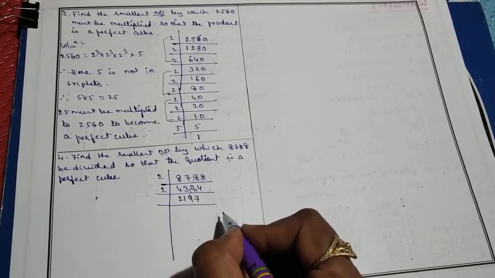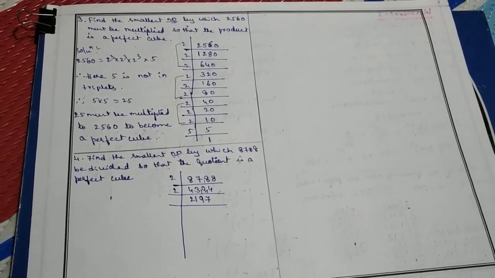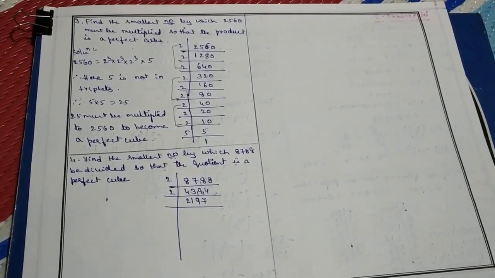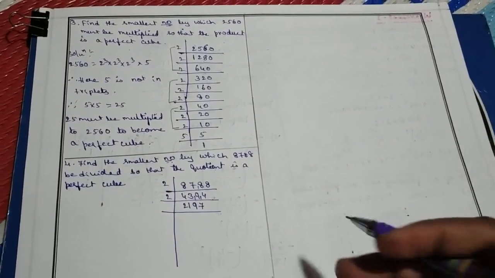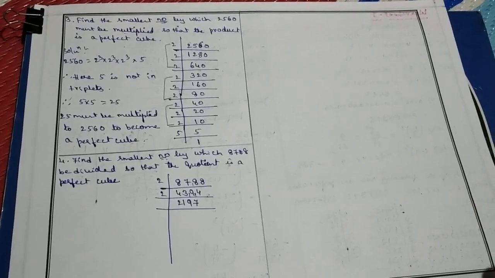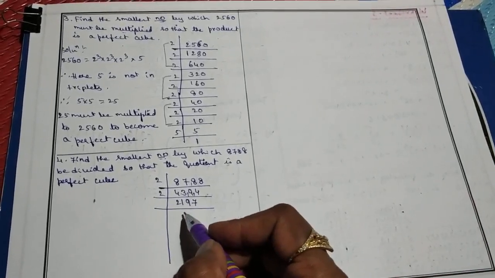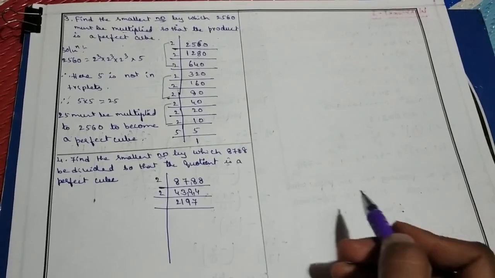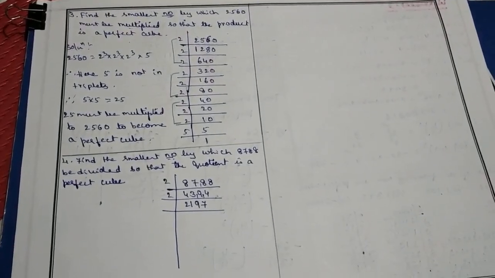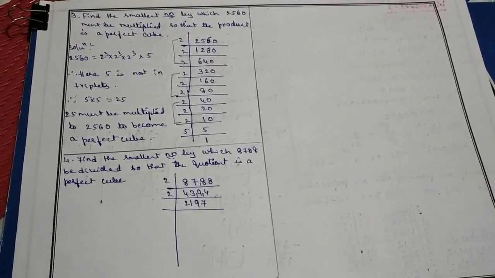Go with the next prime number 5. It should end with 5 or 0, so it is not possible here. Then the next prime number after 5 is 7, so 7 3s are 21, 7 1s are 7, 2 remains, 27 doesn't come in the 7 table. So it doesn't have a factor of 7.